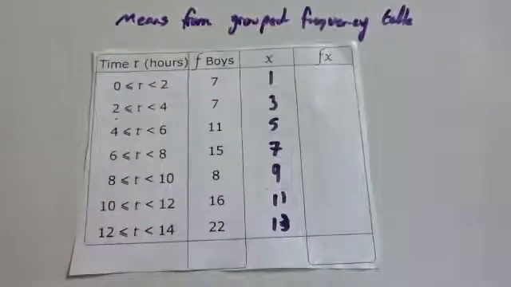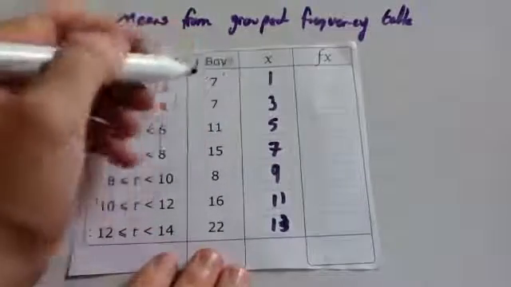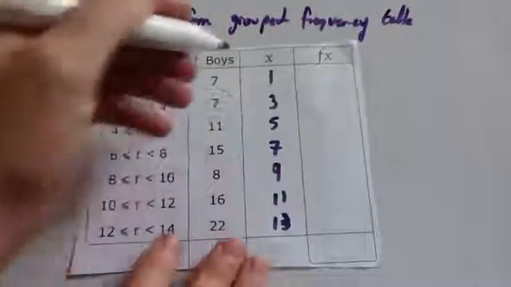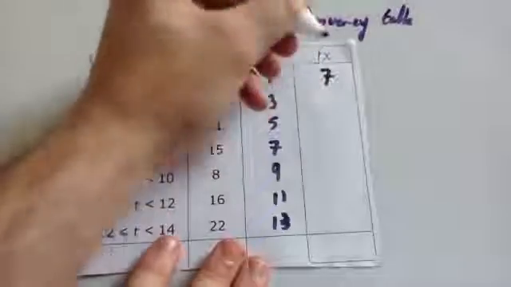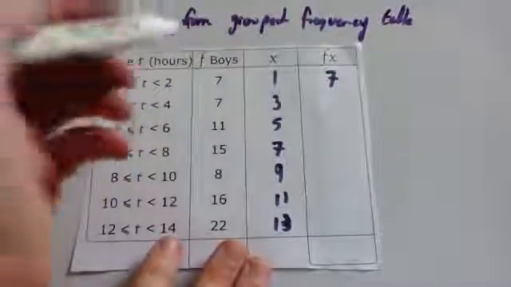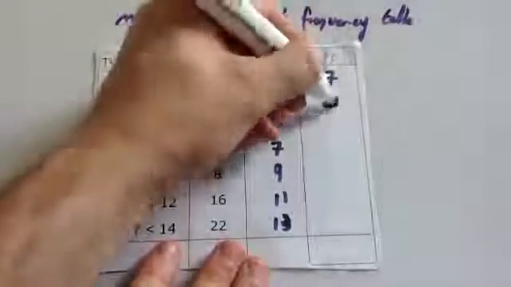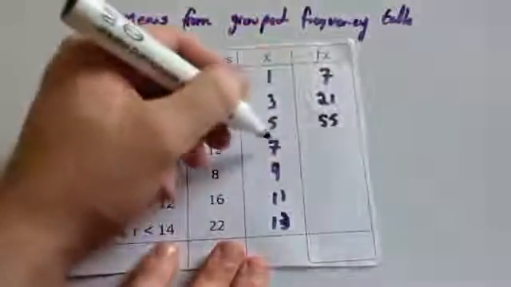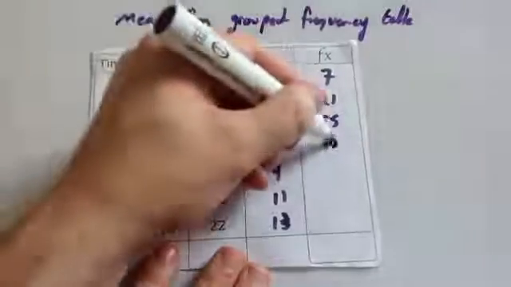Then we're going to multiply the frequency by the midpoint. So we're going to do 7 times 1, 7 times 3, 11 times 5, and so on. 7 times 1 is 7, so that's our fx. 7 times 3 is 21. 11 times 5 is 55. 15 times 7 is 105.